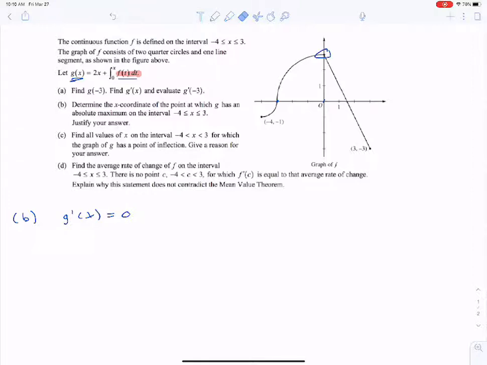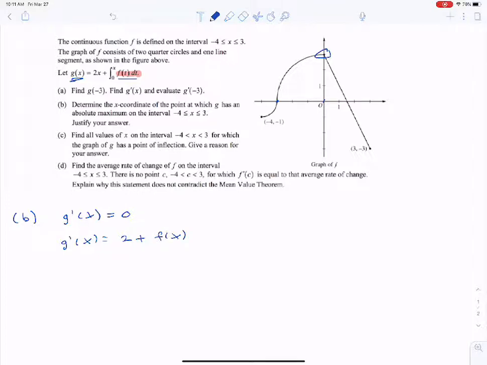Okay, let's see what we got here. So g prime of x equals 0. The first thing I'm going to do is take the derivative of our g of x function, and I think you guys would agree the derivative of that function is something we already did when we did part A. So g prime of x equals 2 plus the derivative of the integral of f of t, so we get f of x.